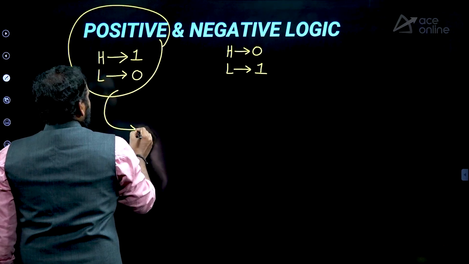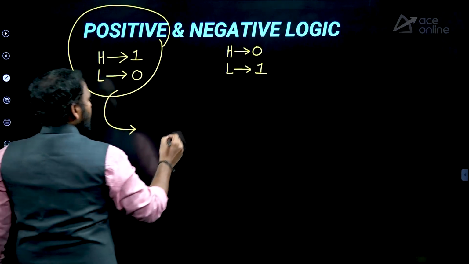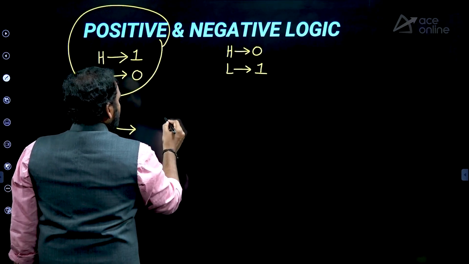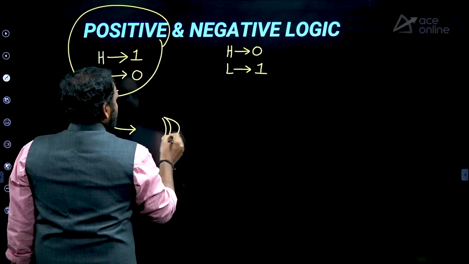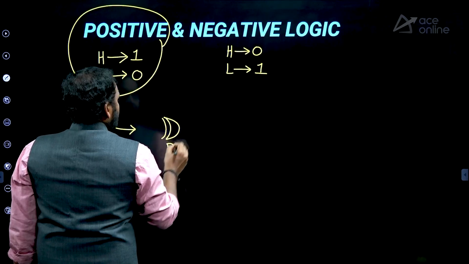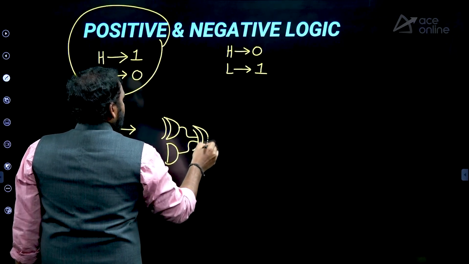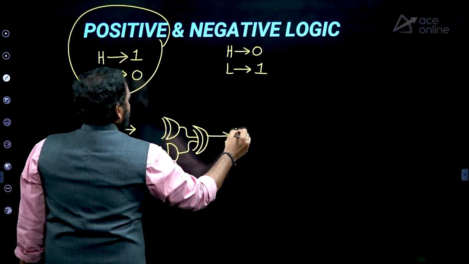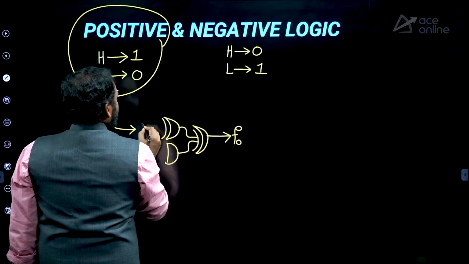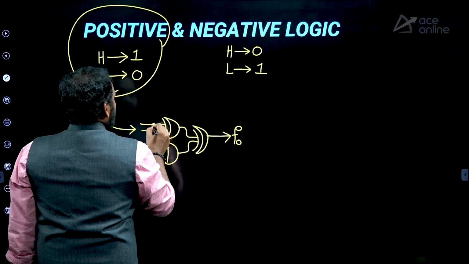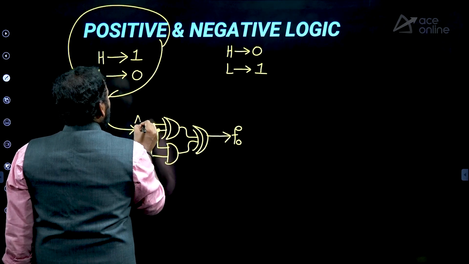For example, there is some circuit. They are asking a question like one exclusive OR gate is given, one AND gate is given. They are asking for the output Boolean expression in negative logic. Then if you concentrate on negative logic, you will get unnecessary confusions.